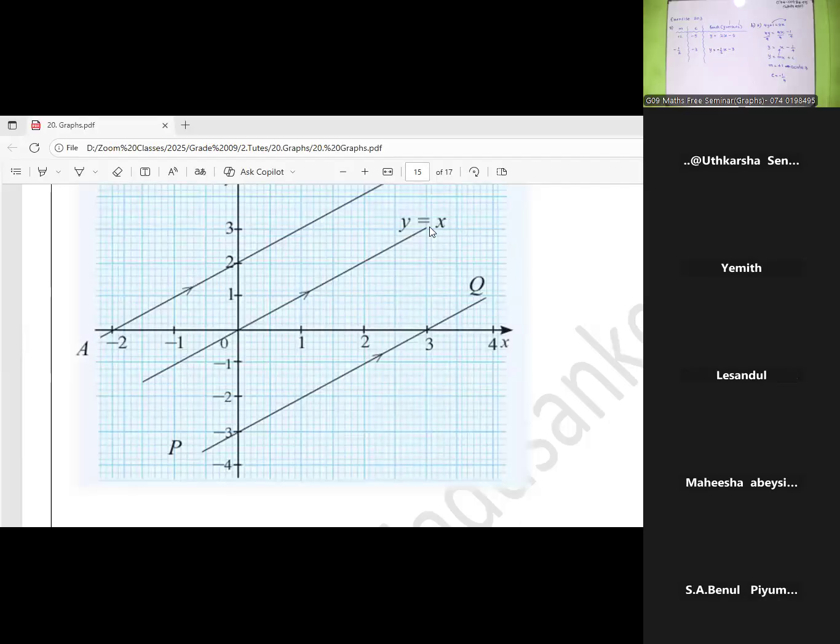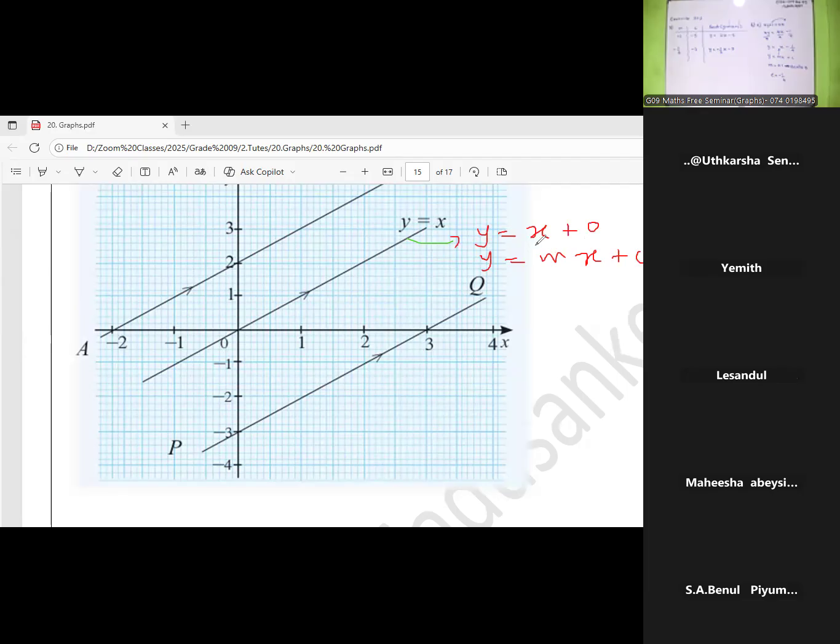These three lines are parallel, so you know what happens when they are parallel. This is y equals x. This is in the form of y equals mx plus c, but here c is plus 0.